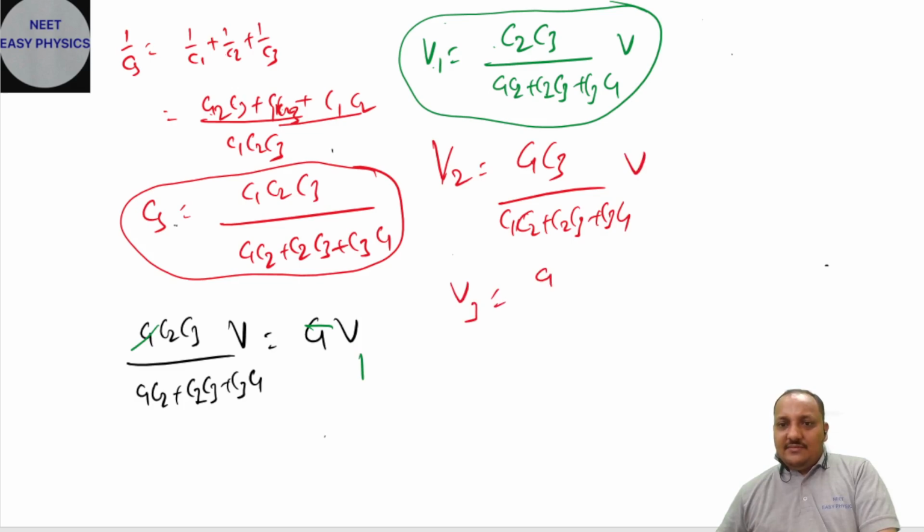C3 will not appear: C1C2 divided by C1C2 plus C2C3 plus C3C1 into V.